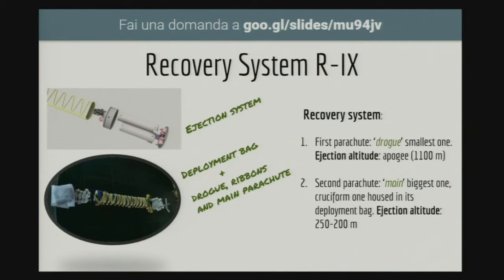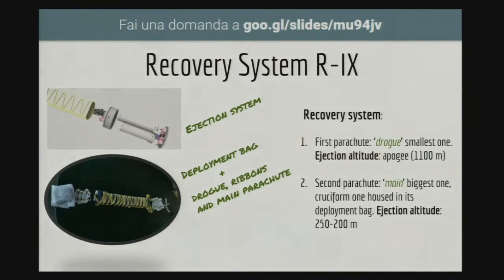So we can see the ejection system, a system which tells us when to open the rocket, and later on we have the little parachute called the pilot or drogue parachute, which is on this side.